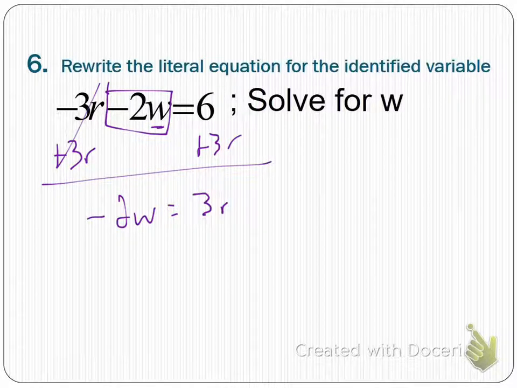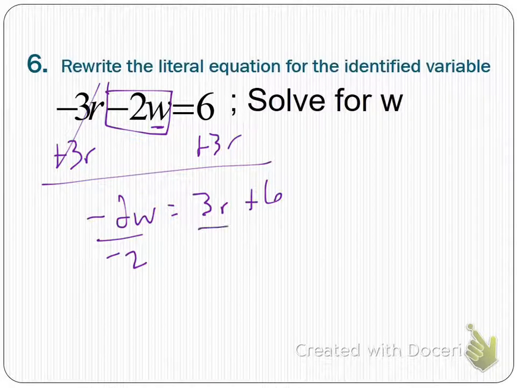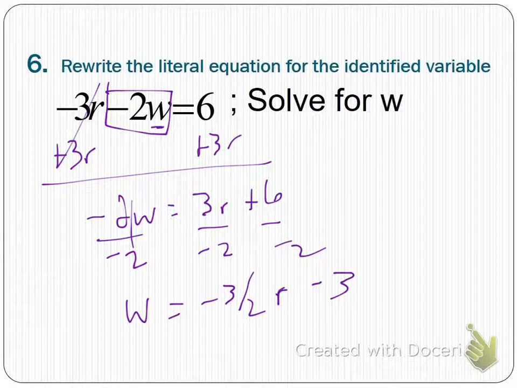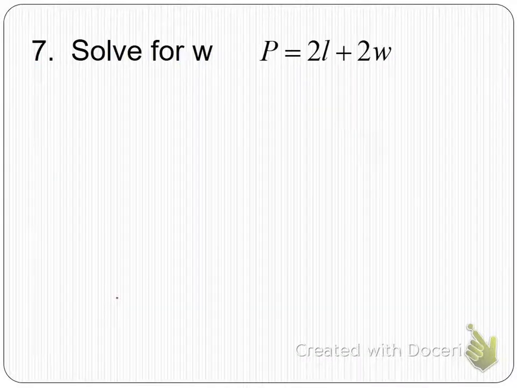You just bring down the 3r and the plus 6, and you leave them side by side. And then you divide everything through by negative 2. Watch your signs. Negative 3 halves r, and then 6 divided by negative 2 is negative 3. Watch those. Okay? All right.